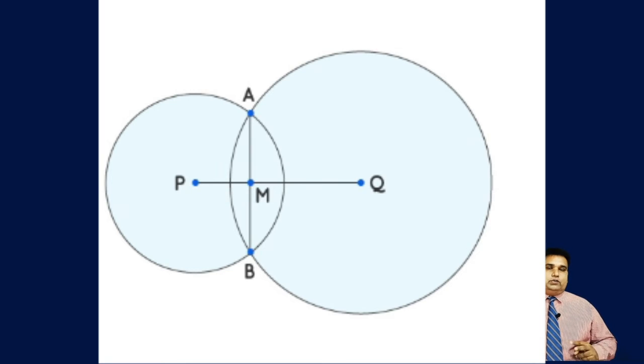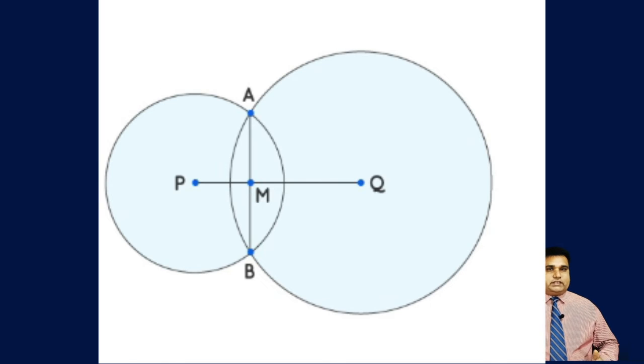So we can say that if two circles intersect in 2 points, then the line through the centers is the perpendicular bisector of the common chord. So if two circles intersect at 2 points, then their centers lie on the perpendicular bisector of the common chord.